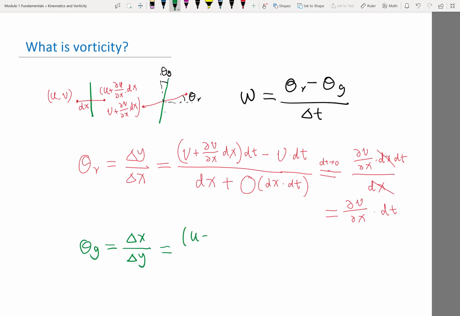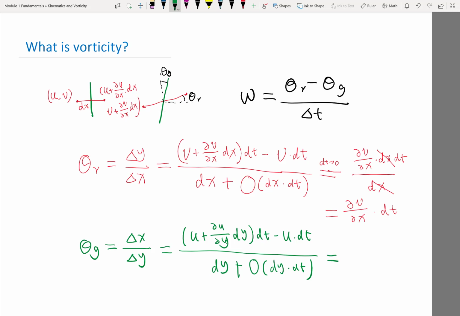You're going to have u plus partial u partial y here, because the green line is aligned in the y direction. You're looking at a difference in y, minus u times dt, right, over dy plus something that is small. Okay, that'll end up to be partial u partial y times dt.